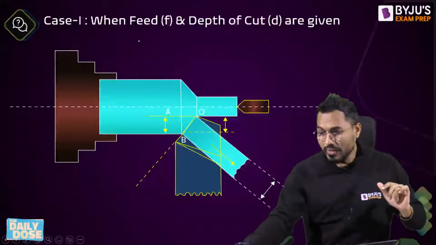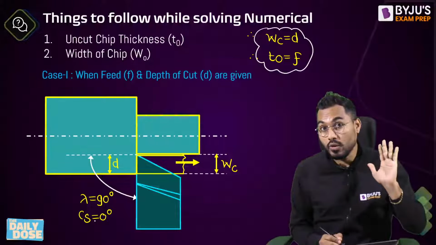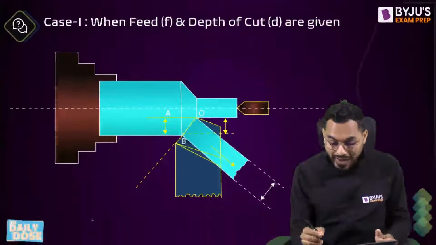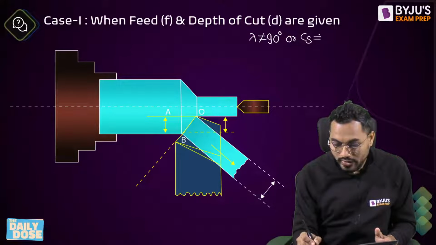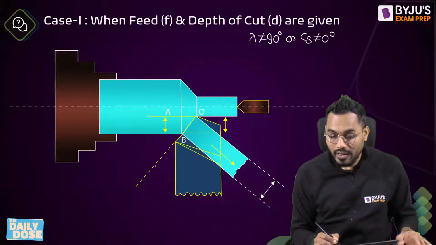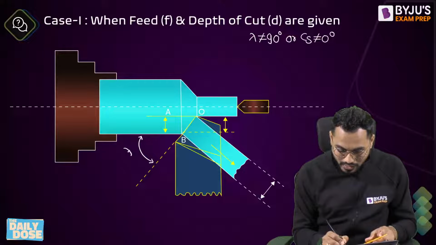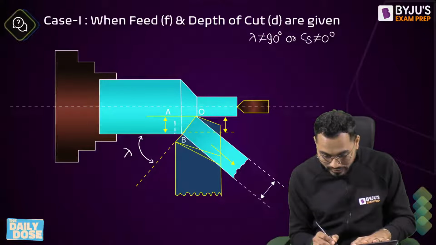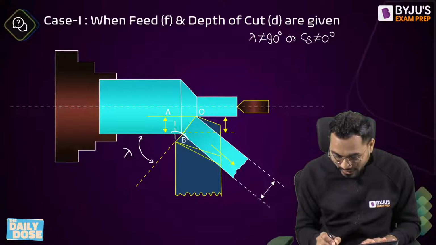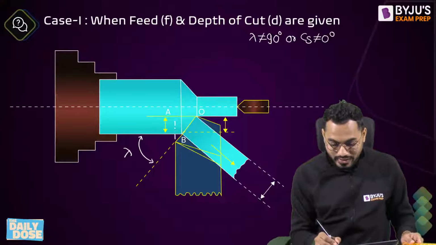Next question: previously we assumed lambda is equal to 90 degrees and CS is equal to 0. But if lambda is not 90 degrees, or CS is not 0 degree, then it has a certain value. In this problem, this angle is lambda, that is the approach angle or principal cutting edge angle, and it is not 90 degrees, and this angle is CS, the side cutting edge angle, which is also not 0.